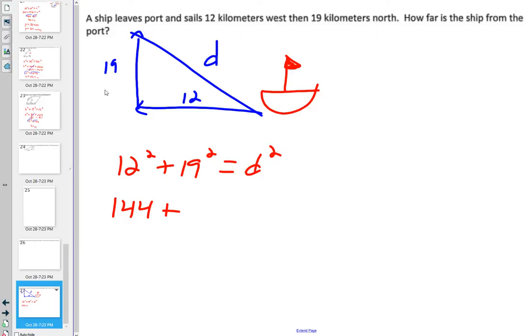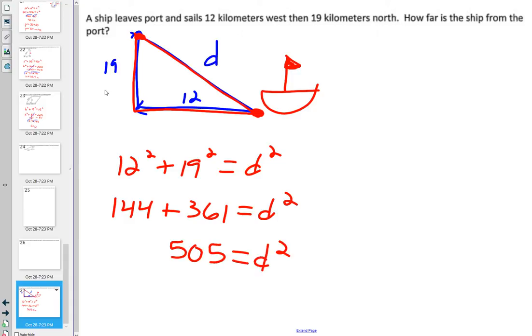So if the ship started over here and then went this way and then that way, how far is this going? Okay, but what's 19 squared? Somebody help me with 19 squared. 3 something? 361. Okay. So 505.